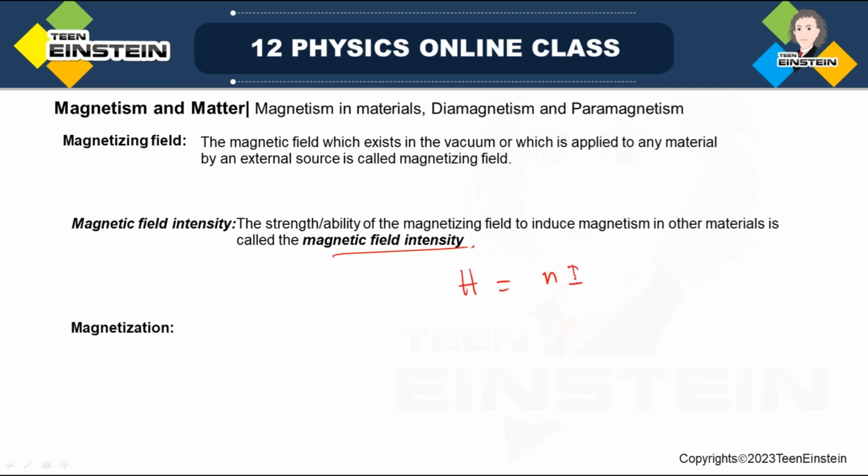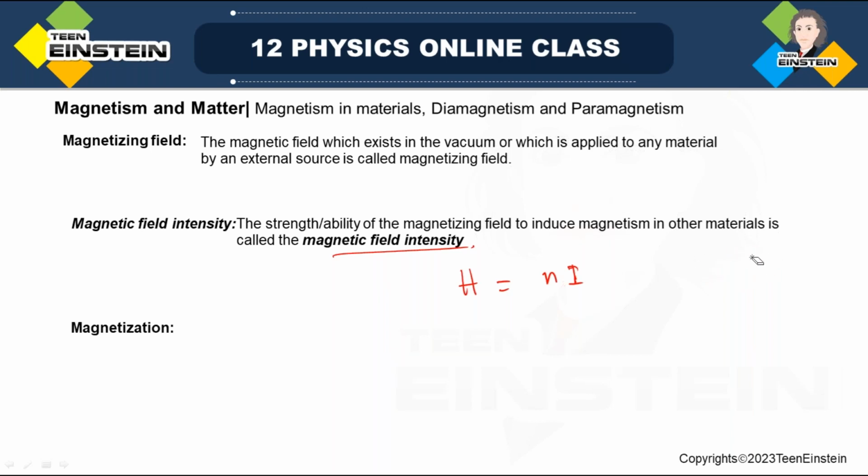It is defined as the number of ampere turns flowing around unit length of the solenoid, that is, the number of ampere turns per unit length. That is N into I.